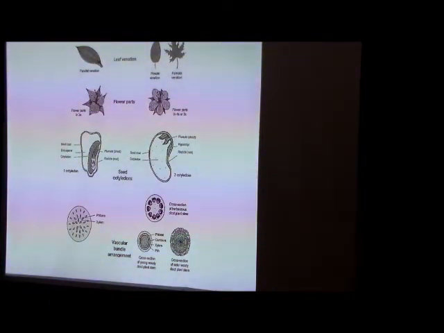The dicot can have veins, but their veins start from the center, and they go out on the leaf. They start from the center and they grow out. So either they'll be pinnate or they'll be palmate, two variations. We'll get into some more variations later.